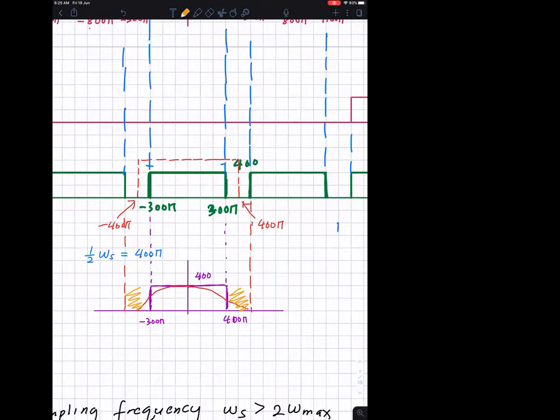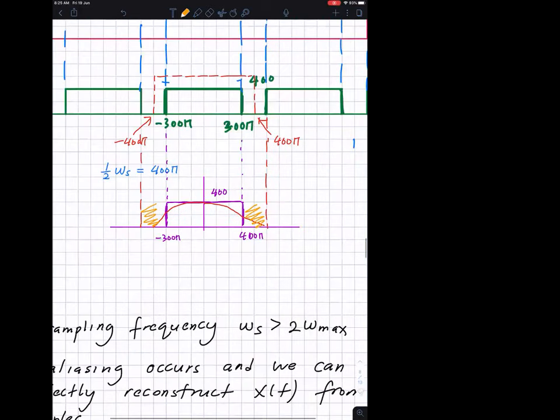So it's much better if you're sampling slightly bigger than twice the bandwidth. The sampling frequency being more than twice the maximum bandwidth, or the highest frequency, is better.